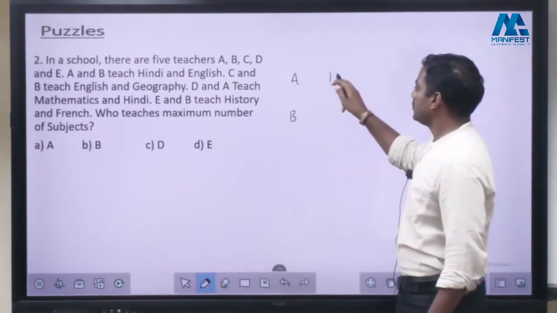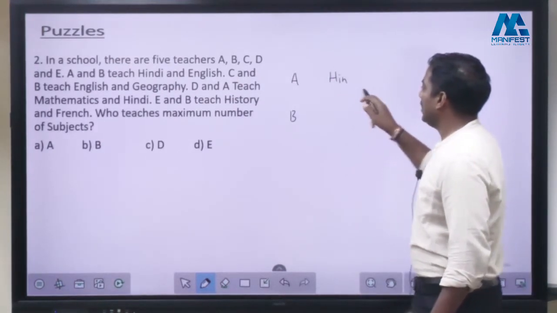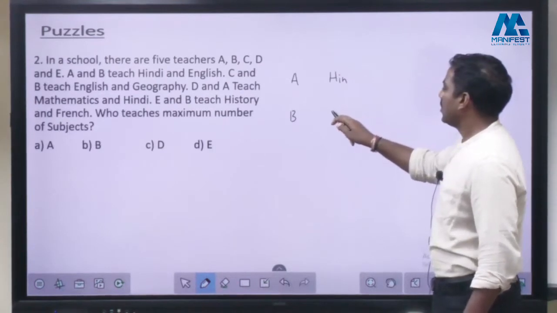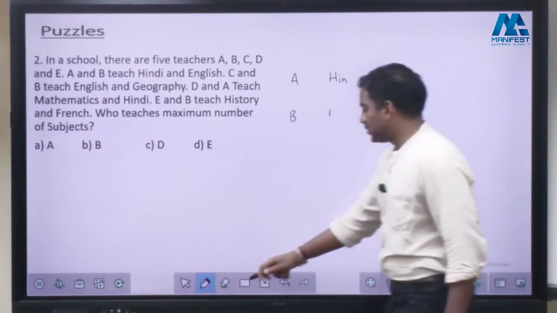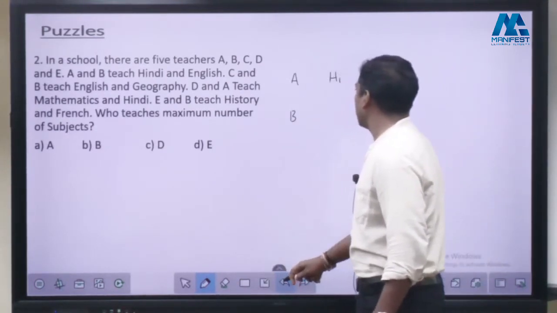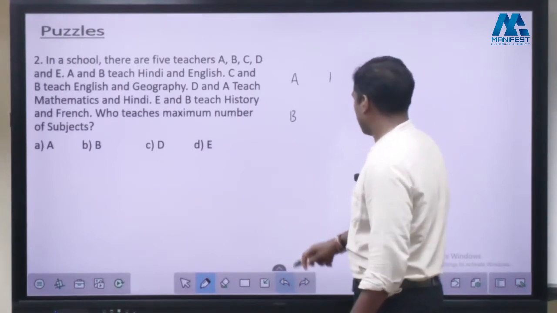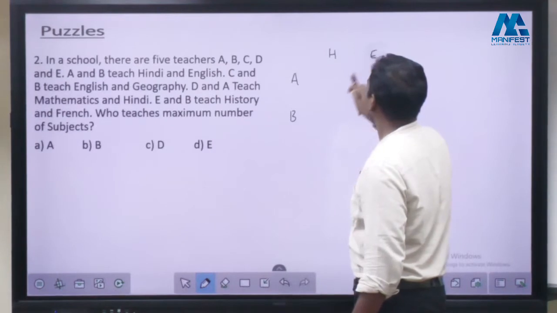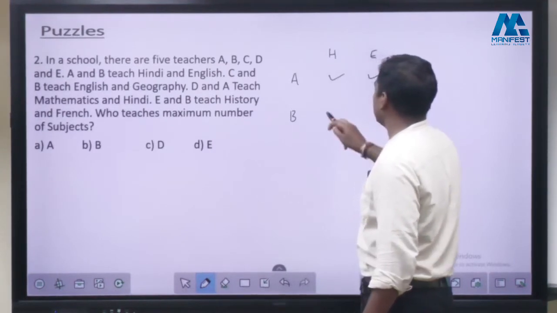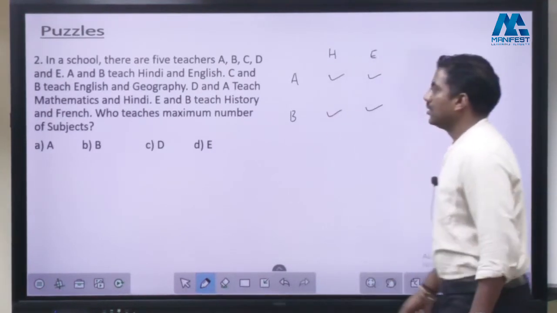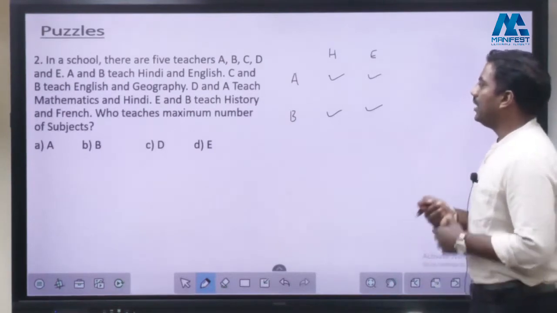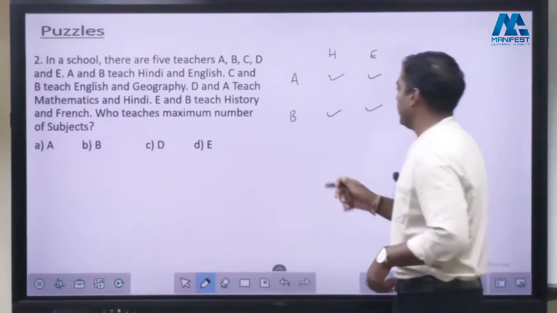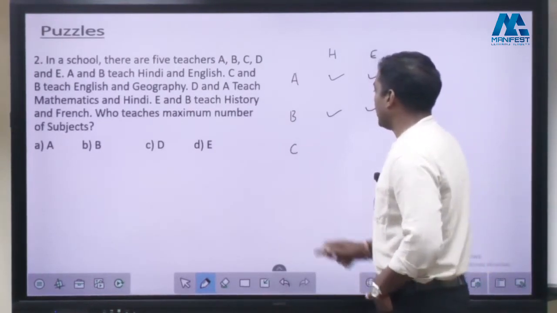So A will teach both Hindi, or I'll just put a right mark here. Here Hindi, here English. So both will teach both the subjects. C and B teach English and geography. B is already here.